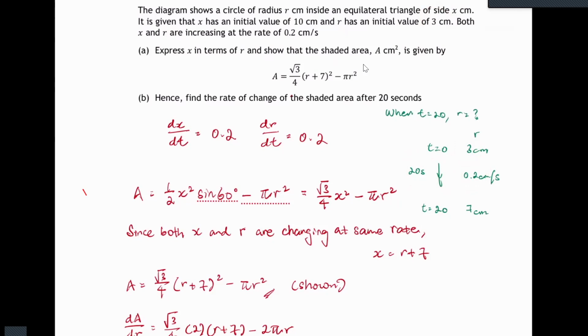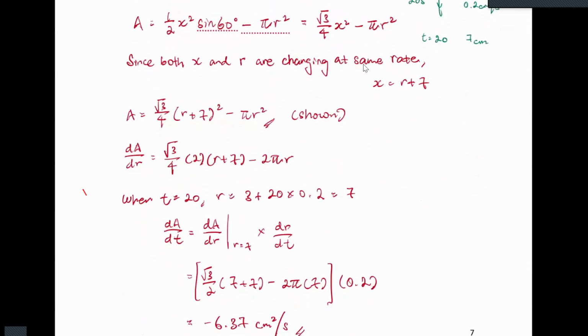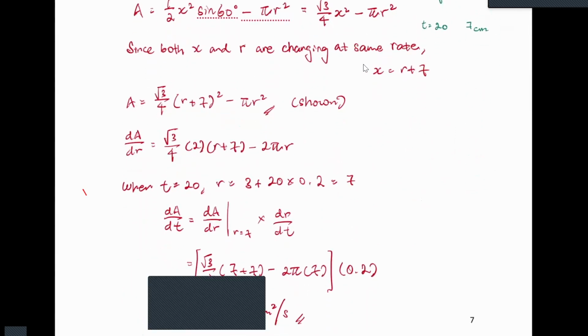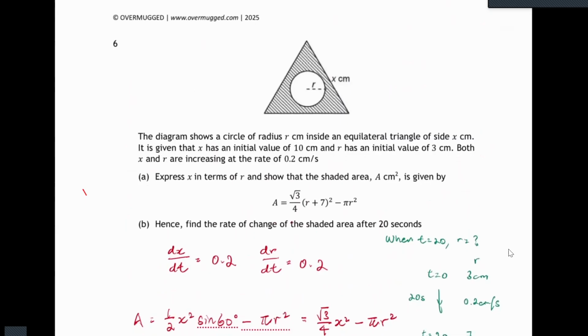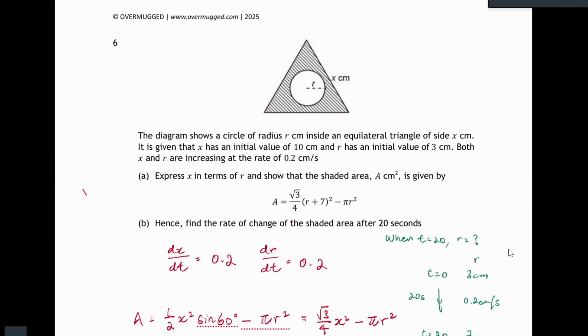Okay, go to the back part. Then once we sub in, I was elaborating the grand scheme of things when I have dA/dt equals negative 6.37 cm squared per second. What I'm trying to say is that as this expands, when x and r expand at the same rate, the area will decrease, because even though r and x increase at the same rate, r is the radius.